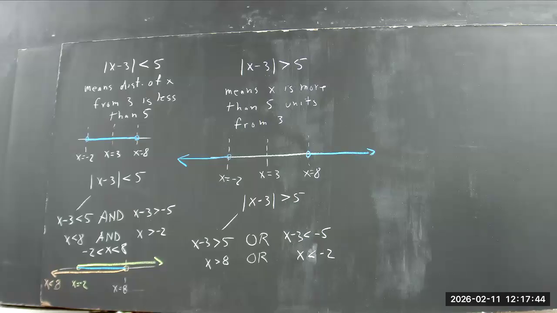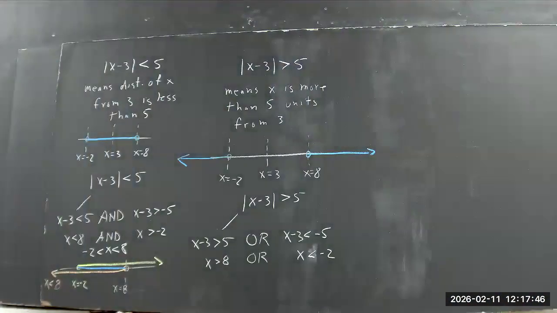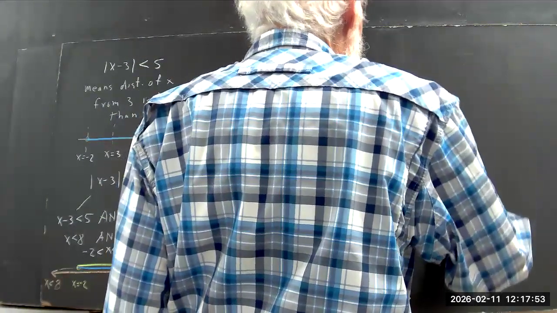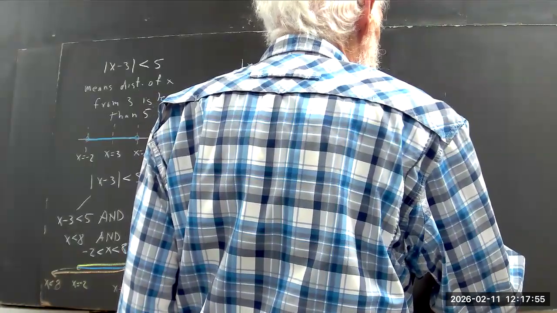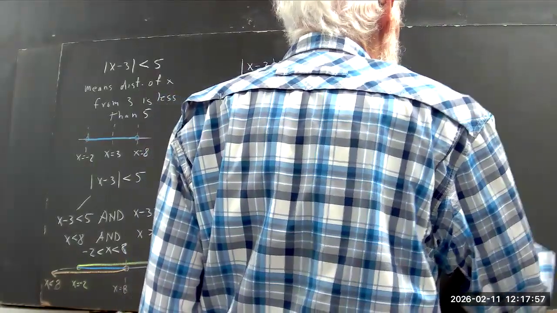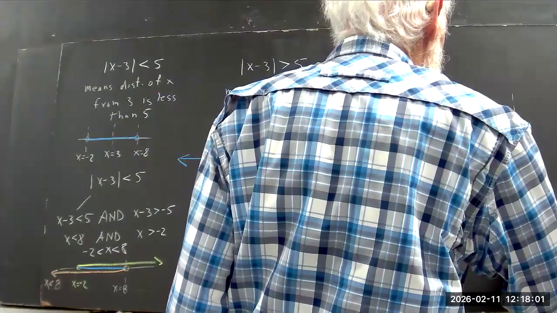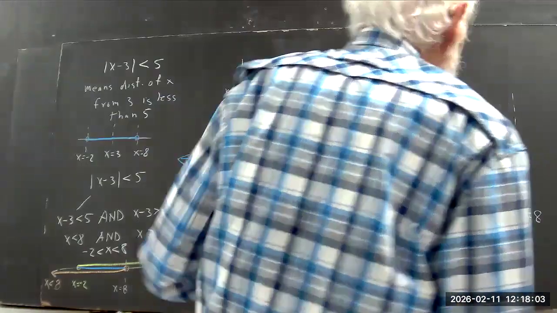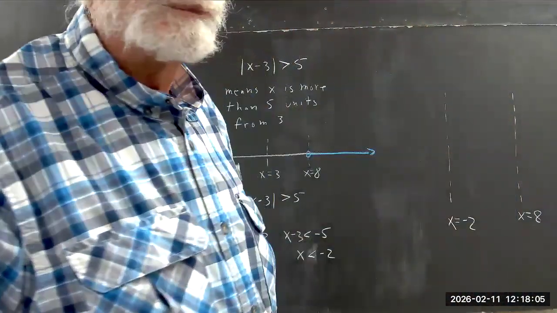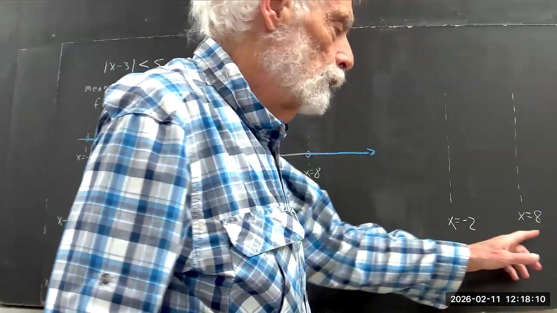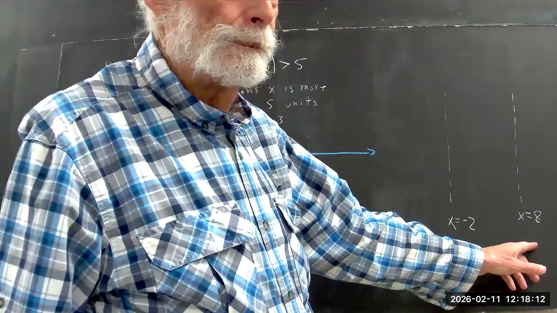Okay, I'm going to give you just a brief introduction to graphing. I'm going to draw two vertical lines and label one x equals -2, the other x equals 8.